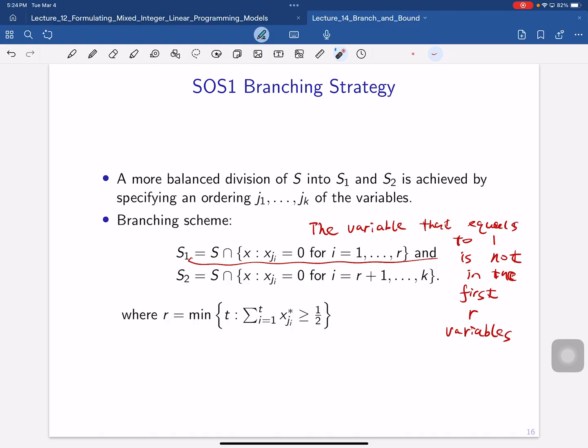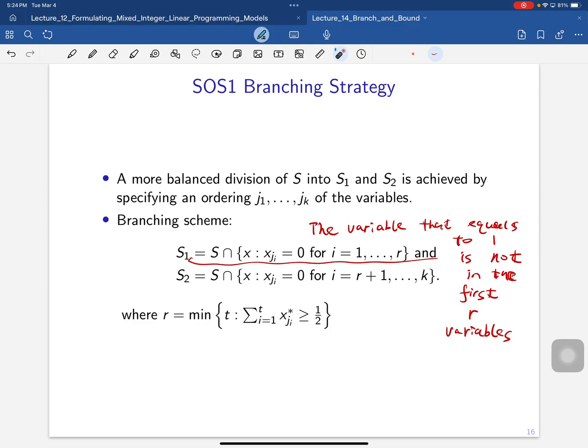That's the logic here. The thing is that with this branching rule, you will have a very balanced branch and bound tree, since you are sort of breaking the problem in the middle, right? R is chosen such that the summation over the xj's is, for the first time, greater than 1 over 2.